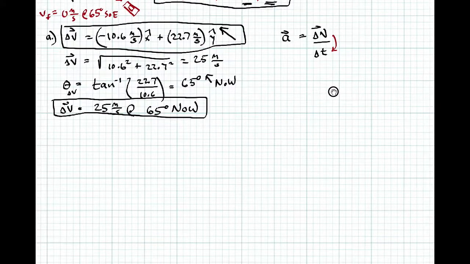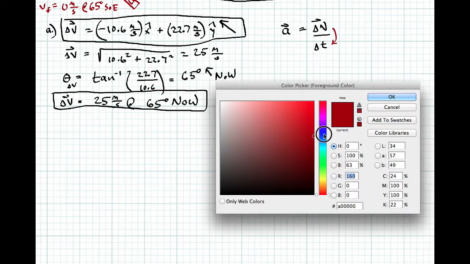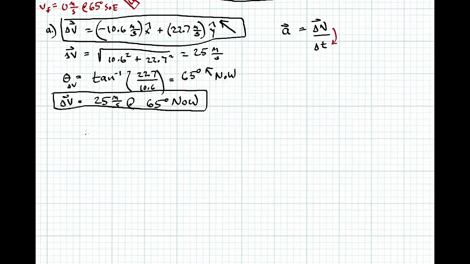Let me show you down here. Okay, for acceleration, again, bear with me, I'm going to change colors here. Let's go to some shade of blue, okay? For B, we want to know what the acceleration is in magnitude direction notation, and also unit vector notation.